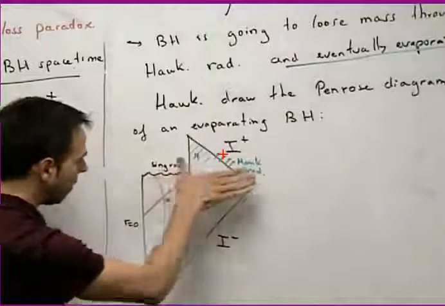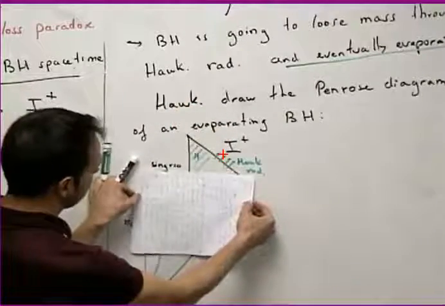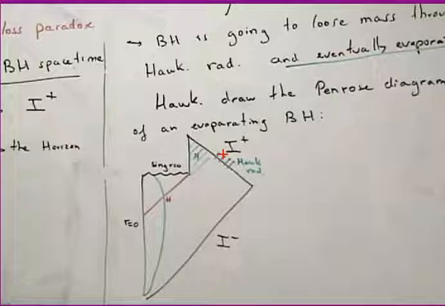So after some time, the black hole has just completely disappeared. Is that okay? So it's important that you understand this diagram because all that I'm going to say is based on it.